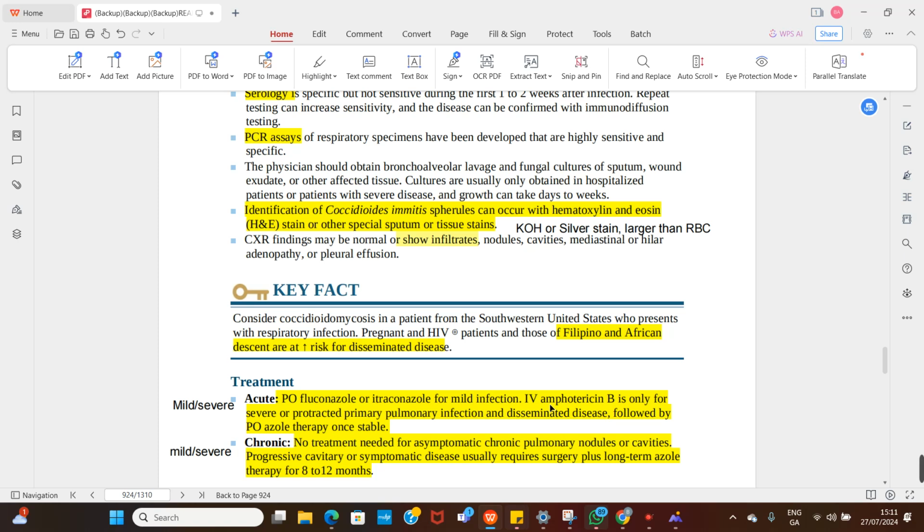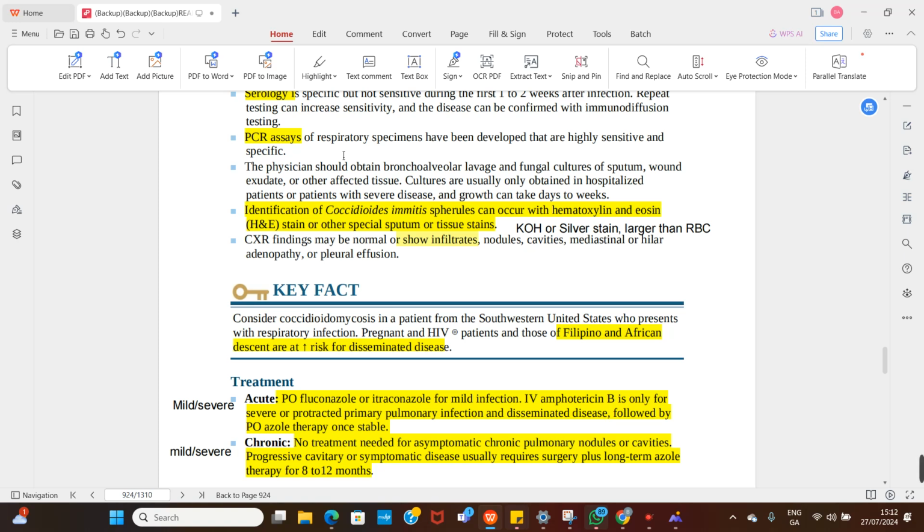Now, the only difference is in the chronic form. We said that histoplasmosis has a very high chance of transforming into the more severe form. The chronic one can rupture, hemoptysis and the like, so you might want to give itraconazole. But the chronic one for coccidioidomycosis, just look at it as much more stable. So even if the person is asymptomatic and just having the cavities only, don't do anything.